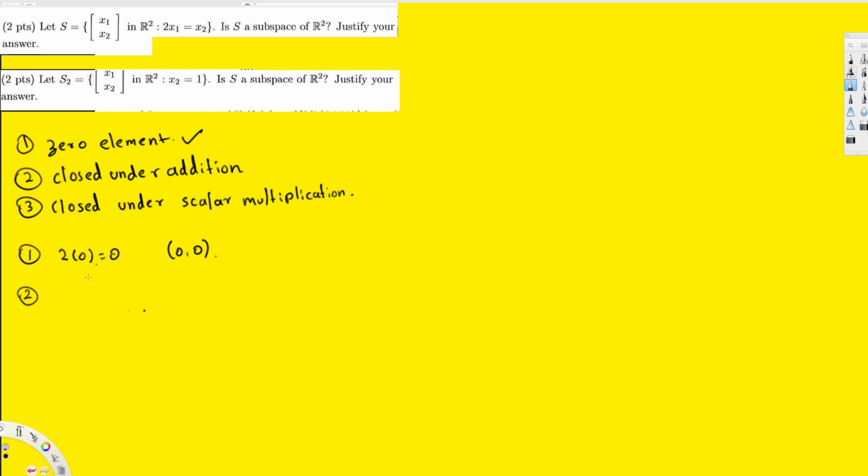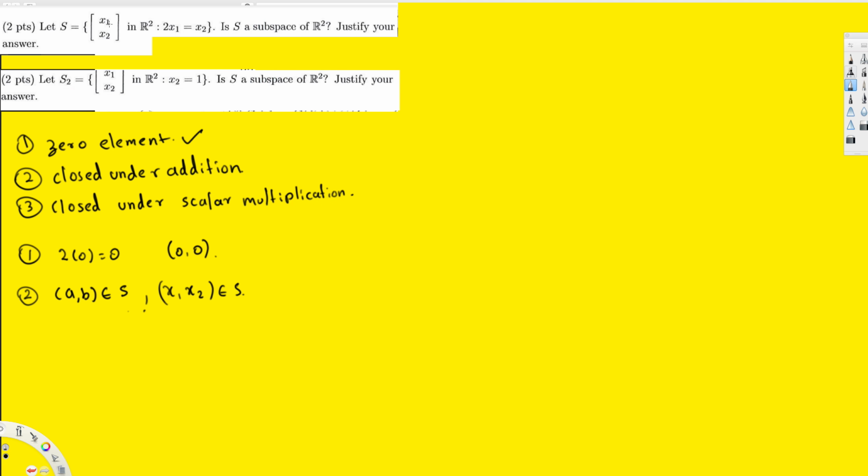The second one is closed under addition. To prove that, we have to pick two elements. For example, let's pick (a, b), and say this belongs to S. Also, let's pick (x1, x2), which belongs to S. According to the equation they have given, this means two times the first number should be equal to the second number.